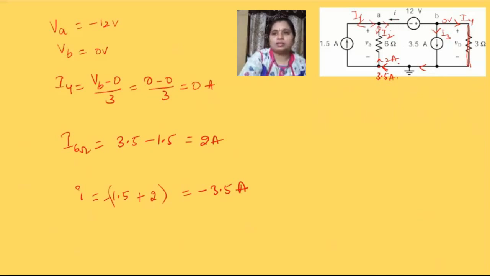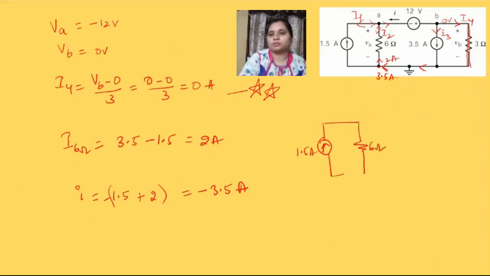The point we have to remember is this one: as VB is 0, the circuit becomes like this. This is 1.5 amperes, this is 6 ohms, and this is minus plus 12 volts.